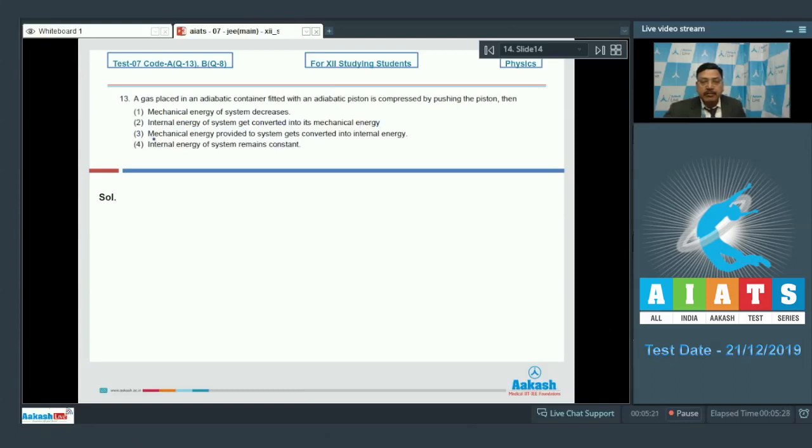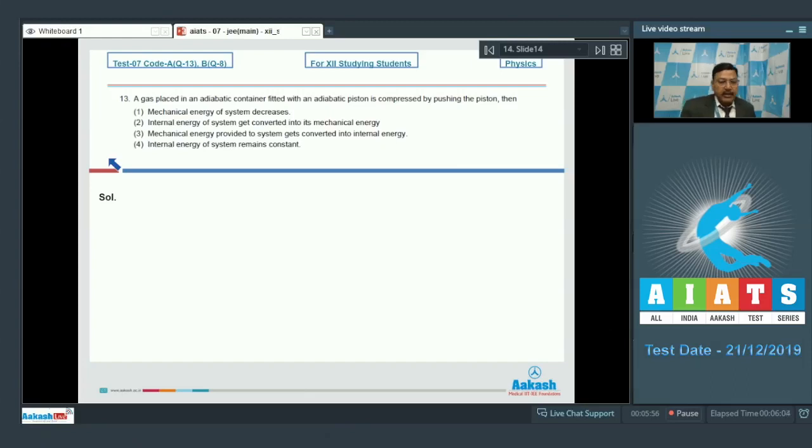Option 3 says mechanical energy provided to system gets converted into internal energy, and option 4 says internal energy of the system remains constant. Well, it's clearly given that the process is adiabatic and some work is performed on the gas by compressing the gas by pushing the piston.